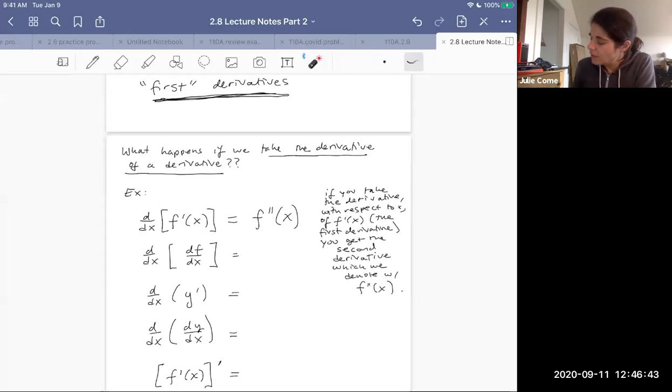So when we see f double prime of x, this means the second derivative of f.